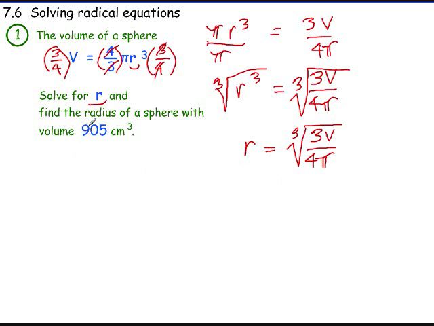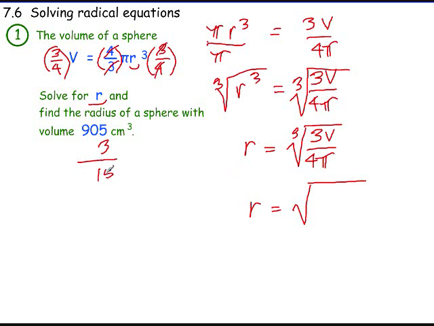Now it says find the radius, and that's what the r is, of a sphere with a volume of 905 cubic centimeters. So the radius would be the cube root of 3 times 905 centimeters. Well, let's do it right here.